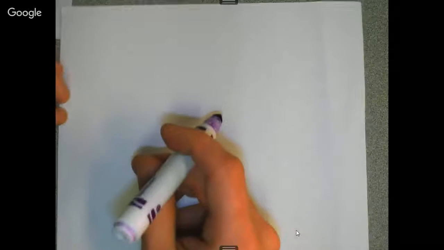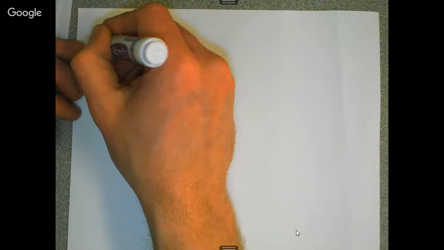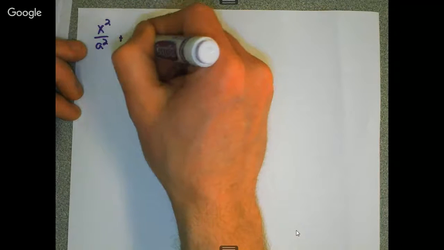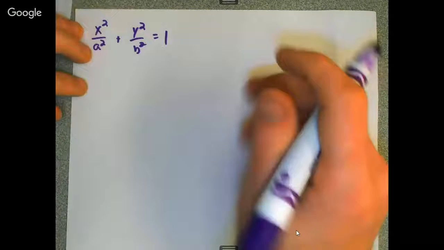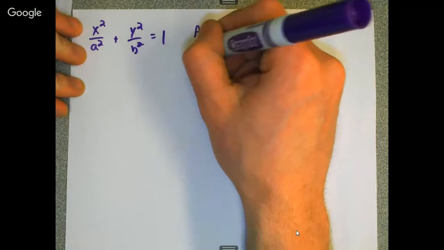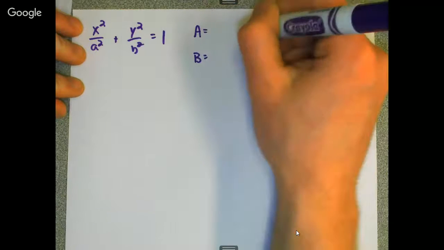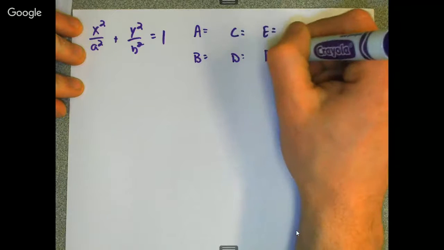Okay, so we know kind of the definitions. So let's go back, and if I give you some equations. So I gave you this equation here. And we said what kind of shape that was. Now, you already know what kind of shape that makes, that it's an ellipse, but let's look at why. So we go through all the letters, and we look at all these.